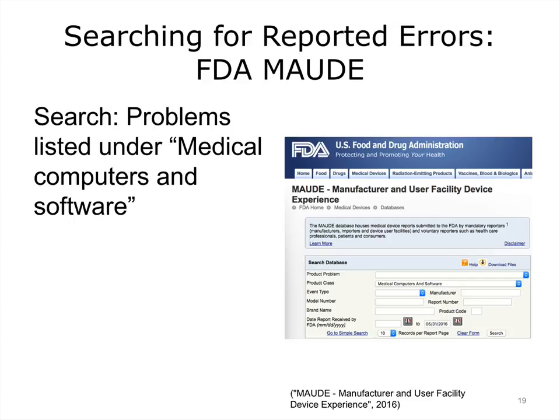The United States Food and Drug Administration's Manufacturer and User Facility Device Experience, or MAUDE database, can be searched for reported problems. Note that EHR-related problems will not be found by searching for Electronic Health Record, or EHR, but instead under Medical Computers and Software.